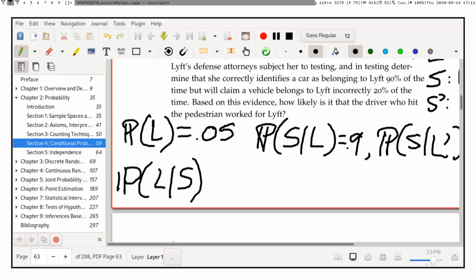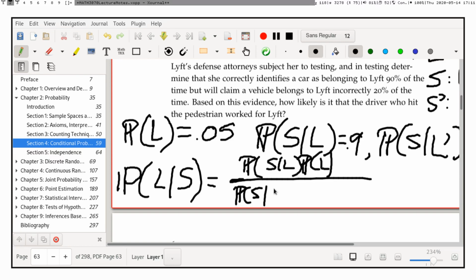But knowing what the witness says, does it increase or decrease the odds that the car did in fact work for Lyft? Well, according to Bayes' theorem, this is going to be the probability of S given L times the probability of L, divided by the probability of S given L times the probability of L, plus the probability of S given L complement times the probability of L complement.